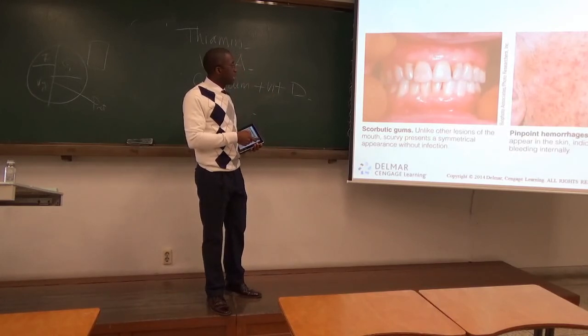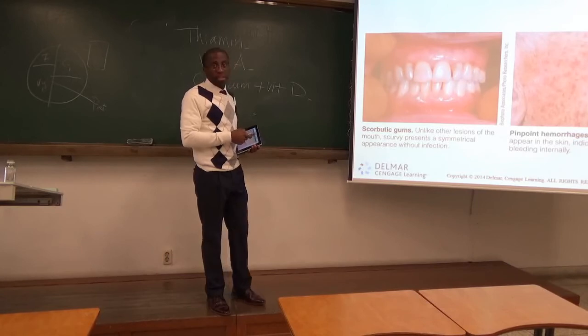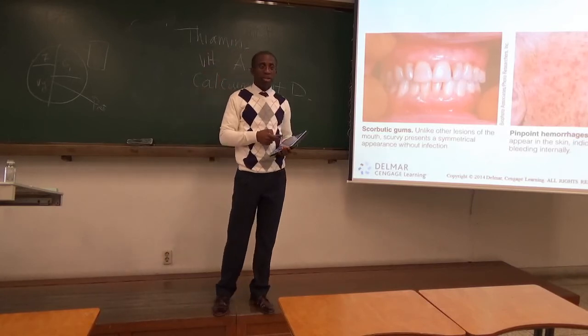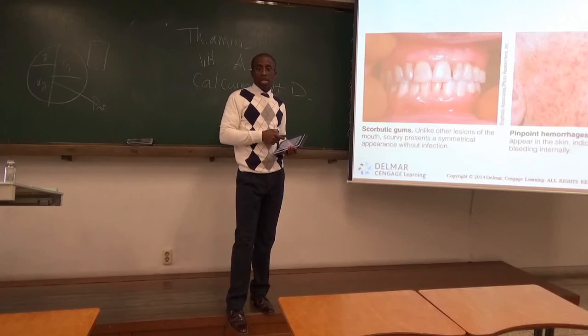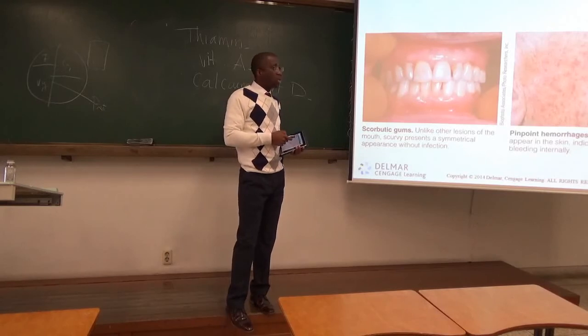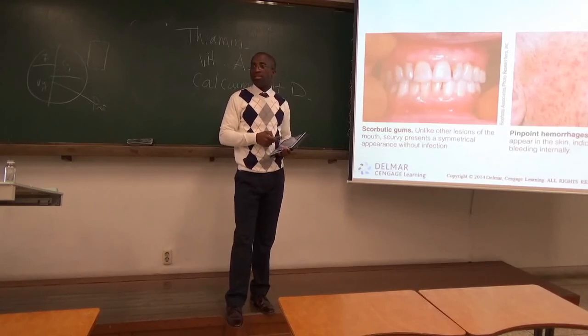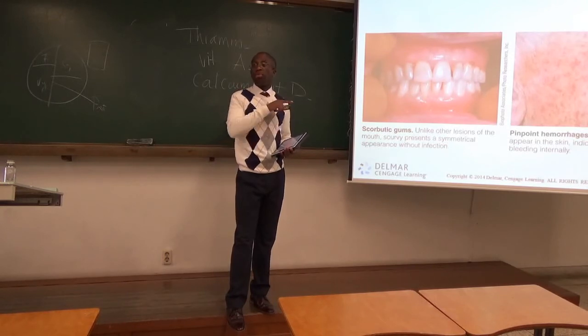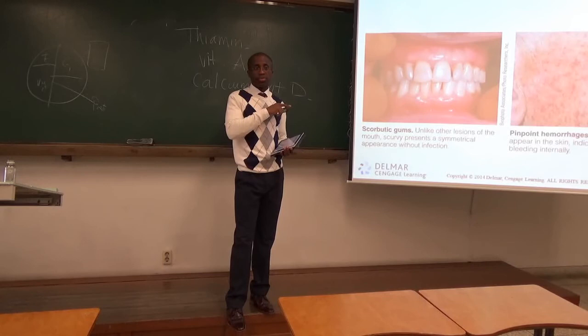So you have some lesions on the mouth. So these are signs of vitamin C deficiency. Actually, we don't need much vitamin C every day. I think it's around 10 milligrams per day, or I have to double check the number, but it's around that number. Very, very small quantity to prevent scurvy.